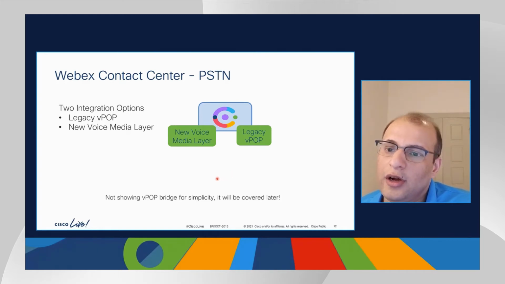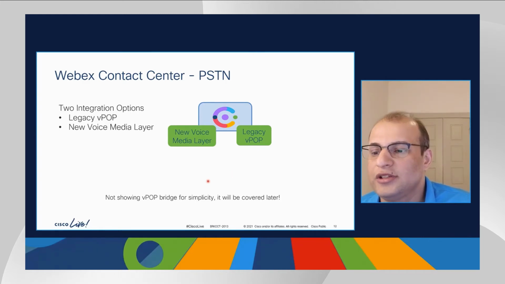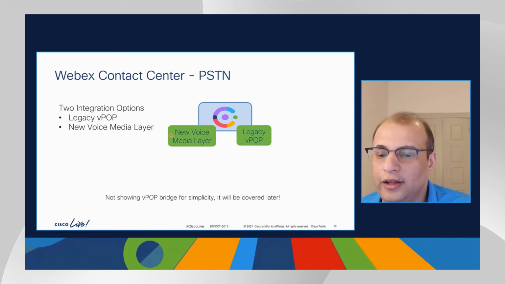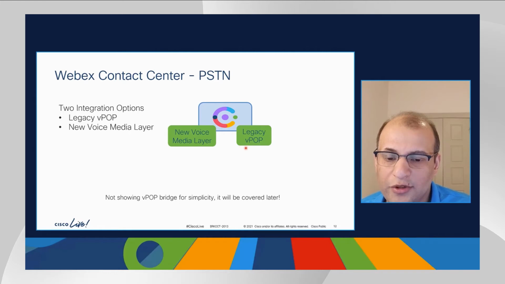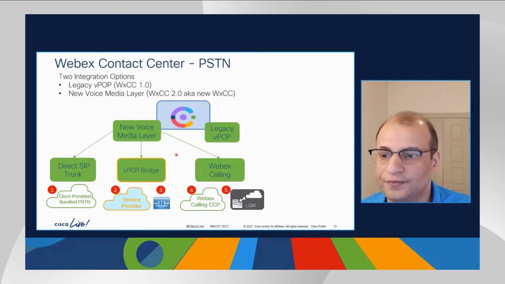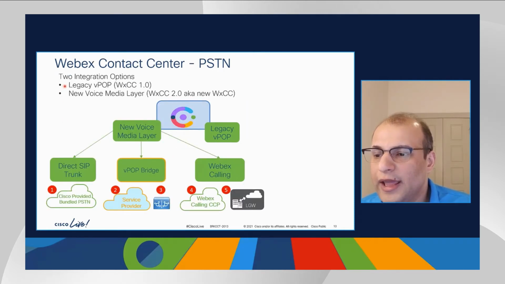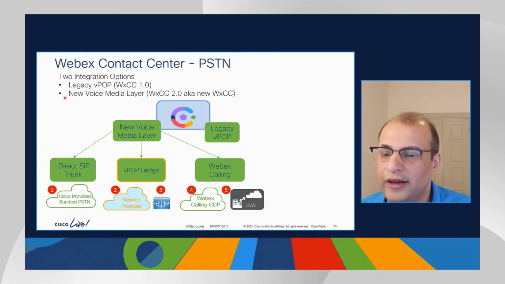To bring the call into the contact center, you have two options. You have the legacy VPOP option and the new voice media layer. We will explore both of these options. We will begin with the legacy VPOP, and then we will move on to the new voice media layer, which is the new Webex Contact Center. The legacy VPOP again is Webex Contact Center 1.0, and the new voice media layer is Webex Contact Center 2.0.